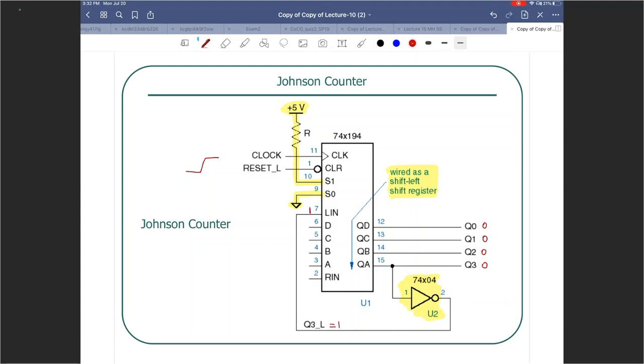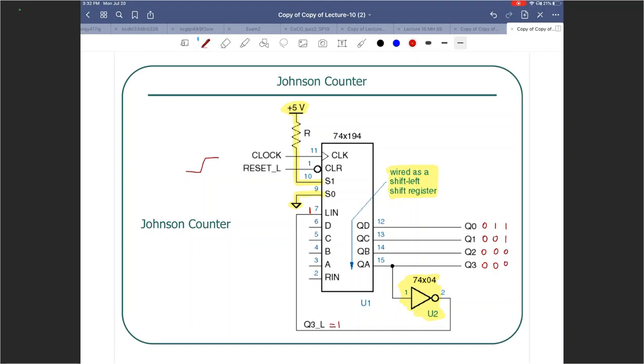So what is going to happen at the next positive edge of the clock? The next positive edge of the clock, this guy will become a 1, and then it's going to shift down. So 0 here, 0 here, 0 here. After the next positive edge, 1, 1, 0, 0.